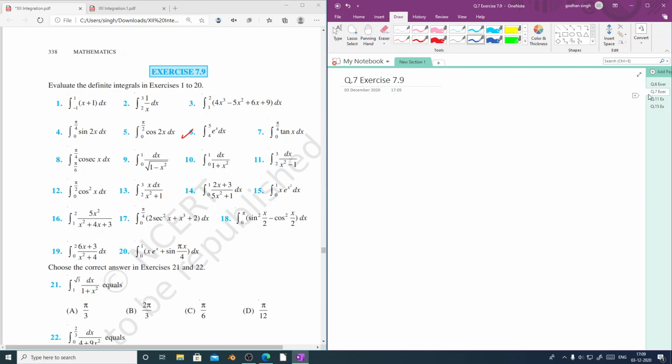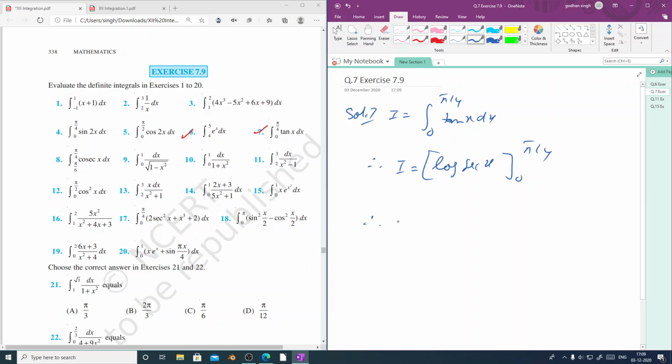Now let us go to question number 7. So solving question number 7, solution 7, I equal to integration of 0 to pi by 4 tan x dx. So therefore I equal to, we know the integration of tan x is log sec x, so we will be writing here log sec x, and the limit is from 0 to pi by 4.